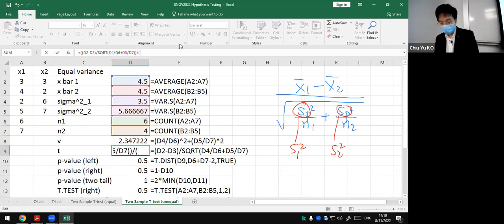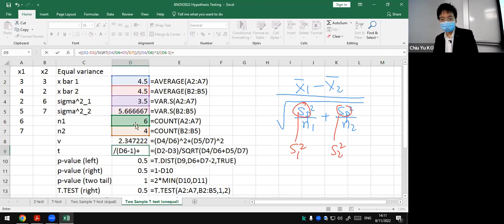You have again to put in the S1 over N1 again and take square, and you divide it by N1 minus 1.